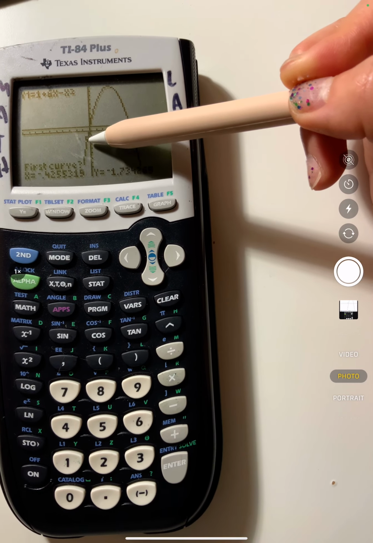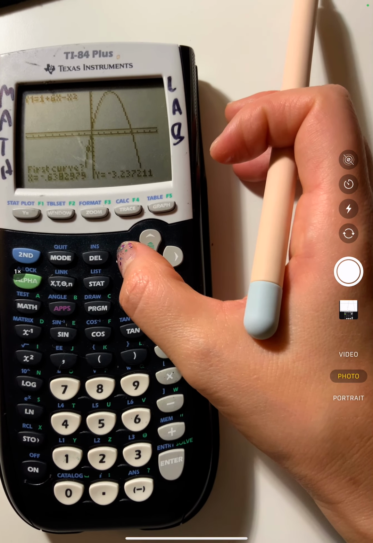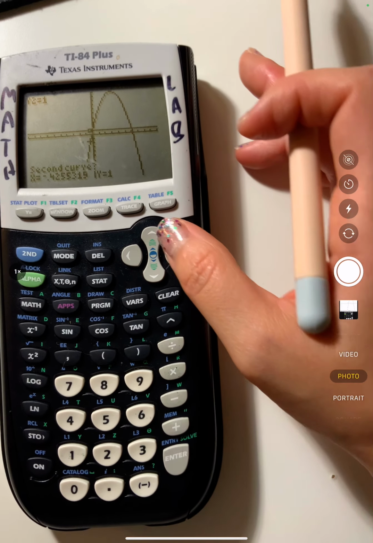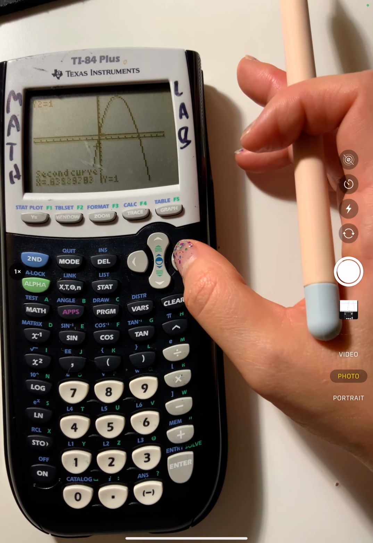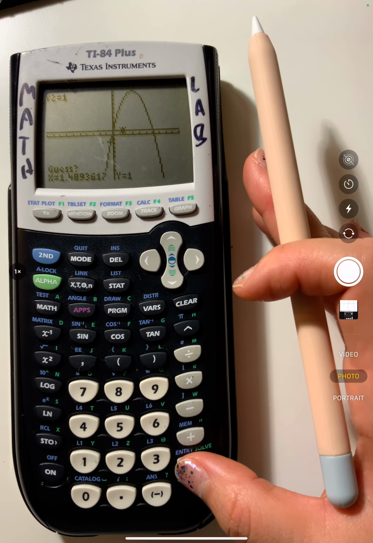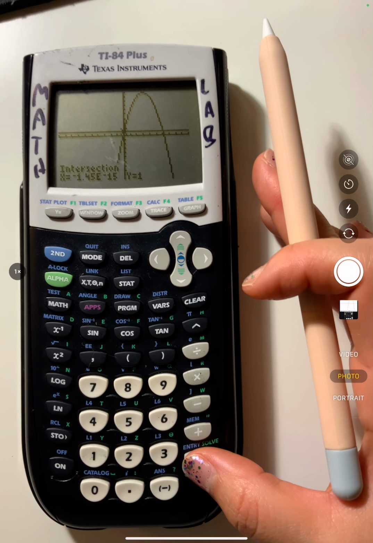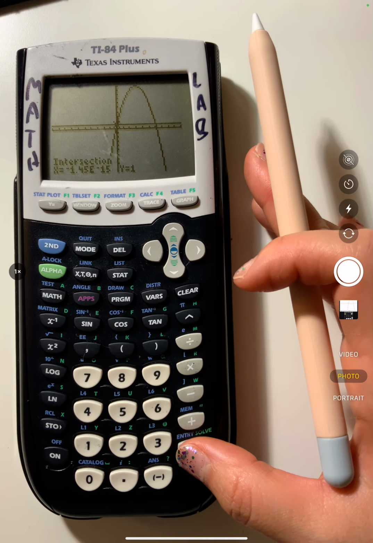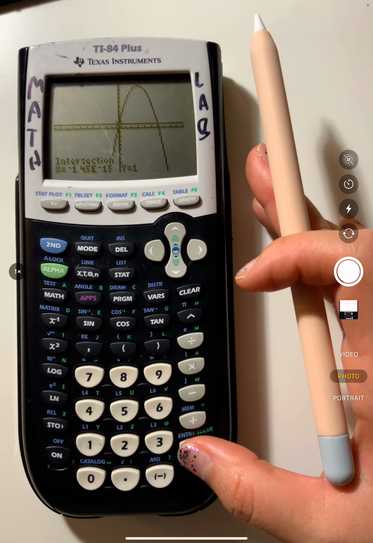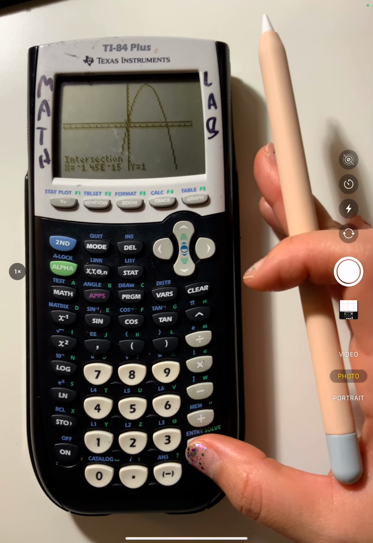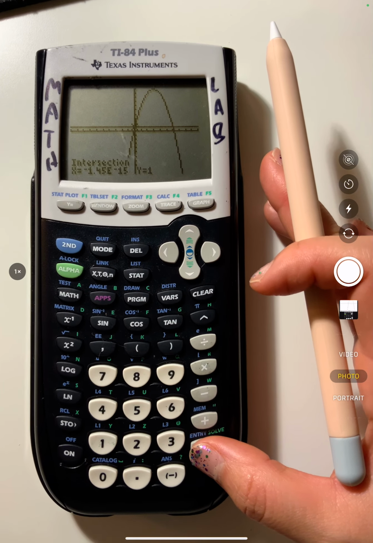That point's right here, tracing, moving along. That looks pretty close, so you just guess it here. And for the second curve, you want to get close to this first intersection point somewhere here. It's going to ask you to guess, but here you just hit enter. Negative 1.45 e to the negative 15, that's scientific notation, 10 to the negative 15. So it's really 0. So (0, 1) is the first intersection point.